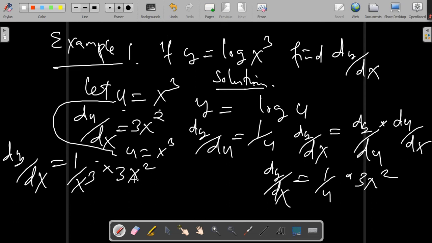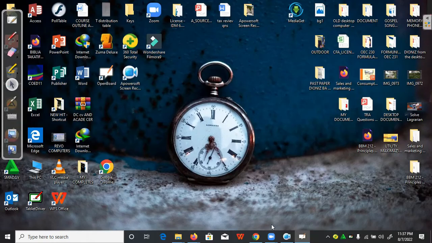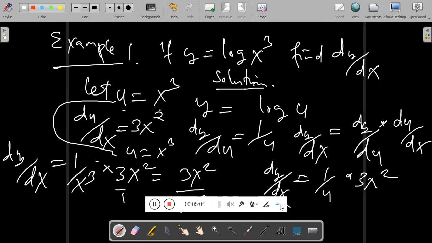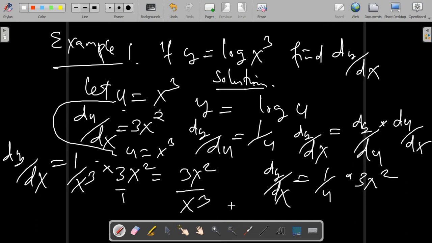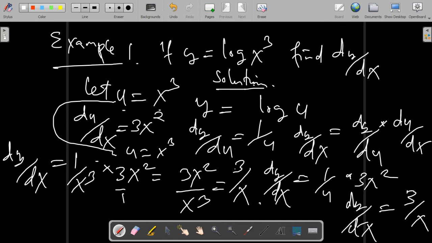We put here times 1, and this will give 3x squared over x cubed. Now we solve our equation, and this will give 3 over x. So dy over dx would be equal to 3 over x.